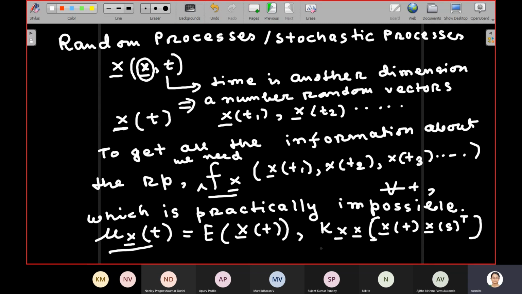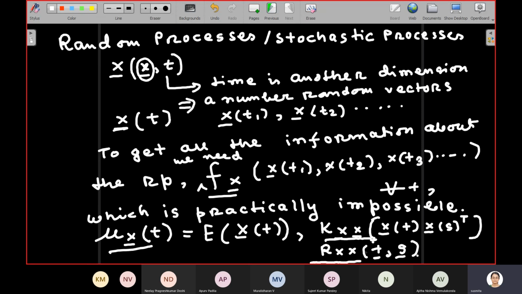And we are also interested in finding the correlation. And here we define the correlation matrix, right? See, this is the covariance, right? And similarly, we can also have correlation. I'll just write t comma s, because one random vector is sampled at time instant t, another random vector is sampled at time instant s.